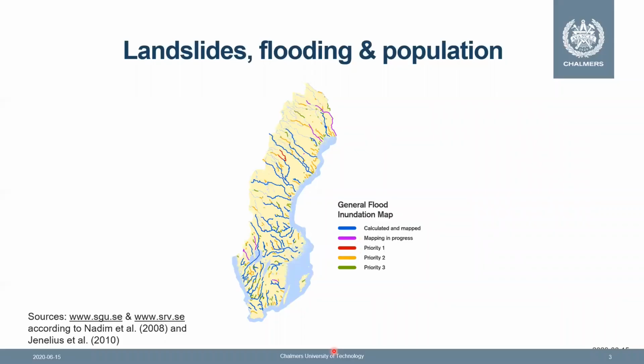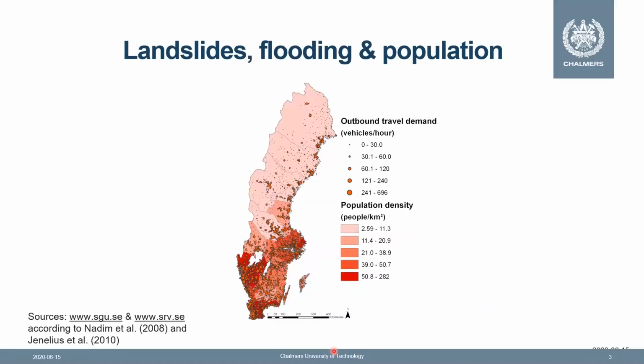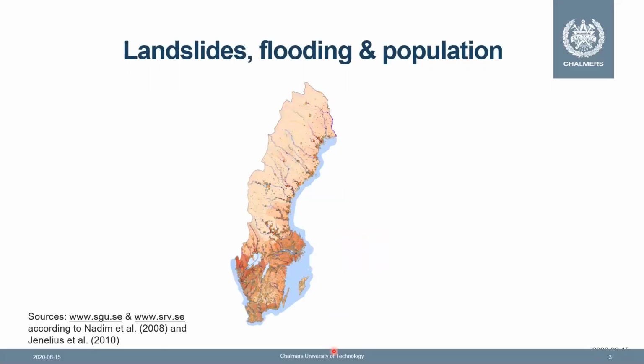And of course, these areas also coincide with areas where we have a high probability of flooding. When we combine that with information on where people travel in Sweden, in terms of travel demand for vehicles per hour, and the population density, we realize that Swedes are not as conservative a nation as we think.